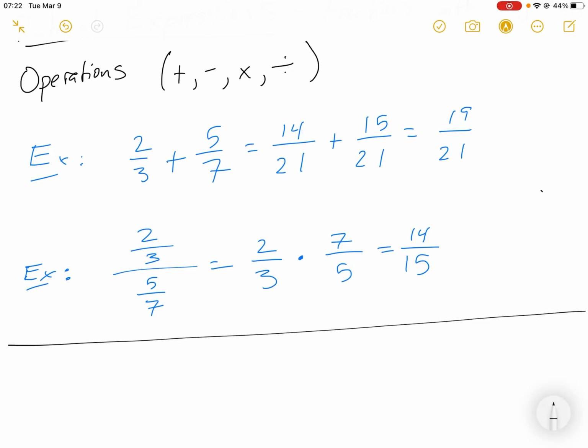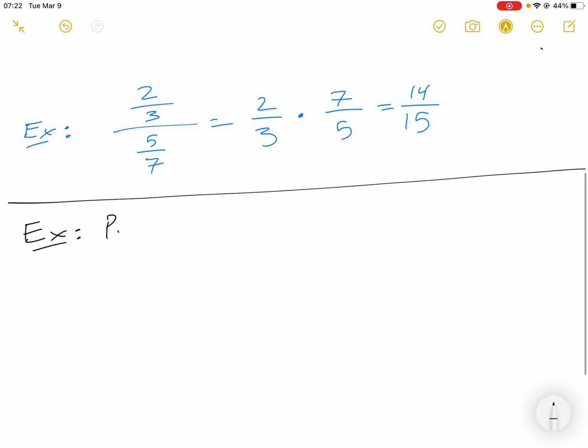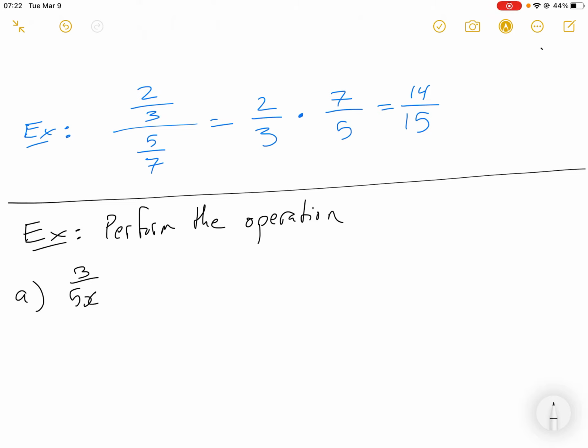Now let's talk about rational expressions. We're going to be doing a couple different examples. So we'll just perform whatever operation is given. All right, so the first one we're going to do is 3 over 5x plus 7 over 3x squared.